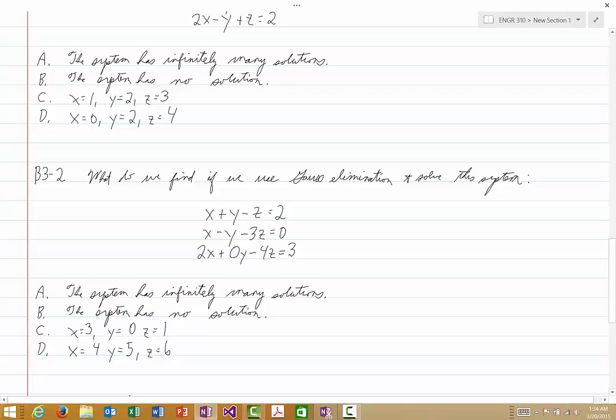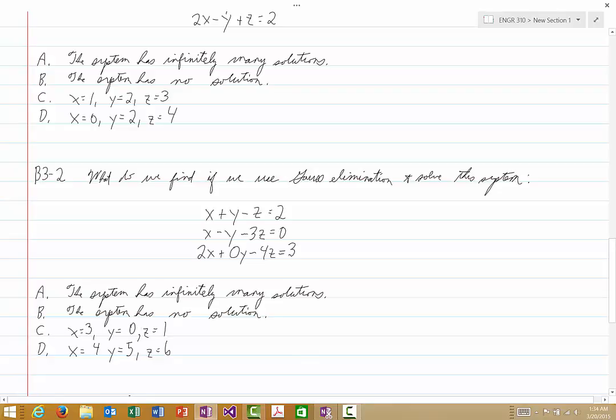2x plus 0y minus 4z equals 3. And the choices are A, the system has infinitely many solutions. B, the system has no solution. C, x equals 3, y equals 0, z equals 1.